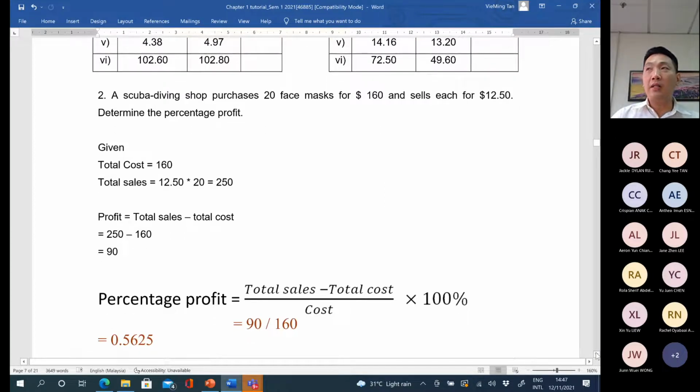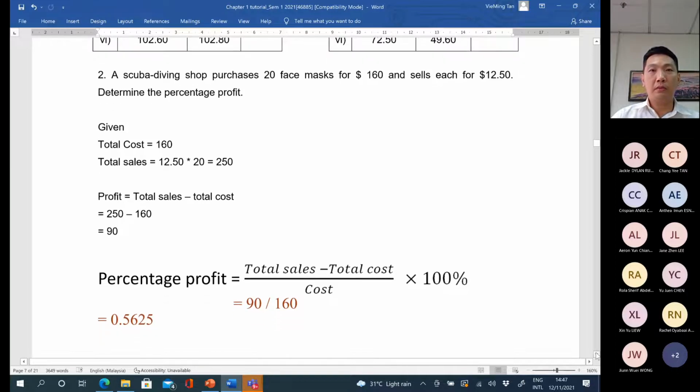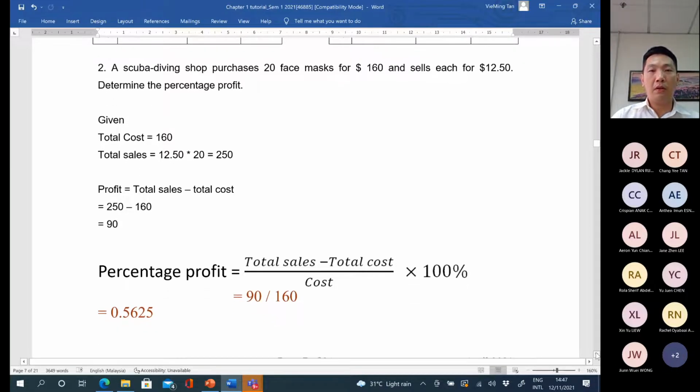This part is to test your understanding of profit and loss, plus the percentage profit and percentage loss. How to calculate the value? Are you okay with question 2? Percentage profit.